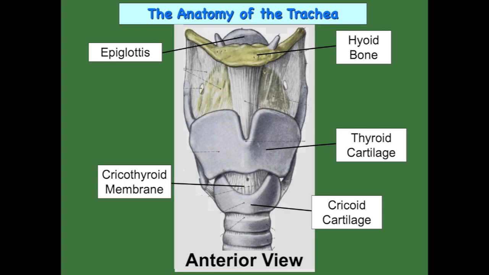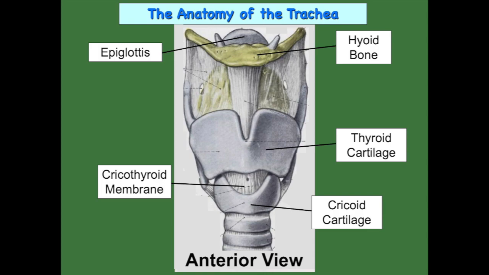The next is an anatomical picture of the anterior view of the trachea. We see the epiglottis again sticking up above the hyoid bone. There's the thyroid cartilage. Thyro means shield, and it does look like a shield. That is also the name for the Adam's apple. Then there's the cricothyroid membrane, and then the cricoid cartilage again.